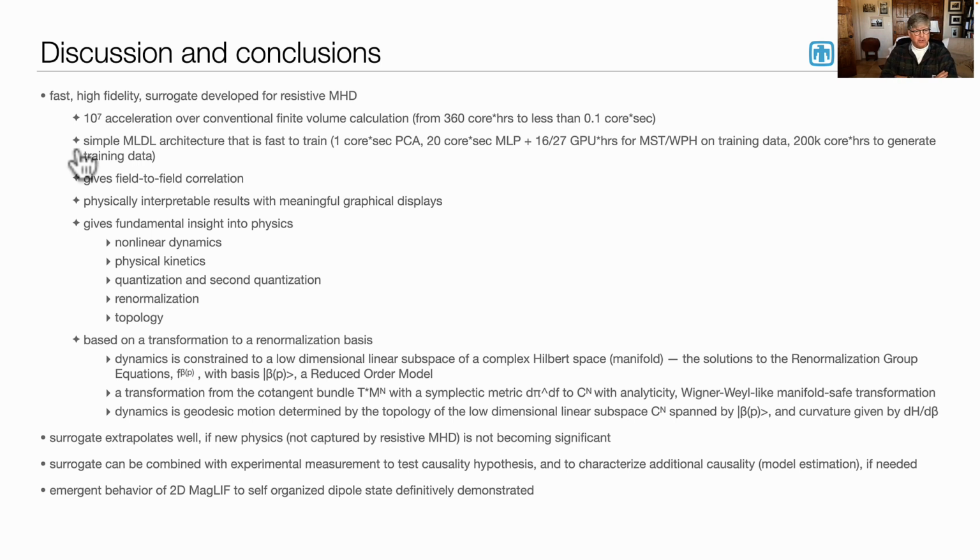The surrogate extrapolates well if new physics is not becoming significant. And when I say new physics, that's physics not captured by the resistive MHD. Or in other words, we are extrapolating away from the poles, where the function becomes flatter, rather than extrapolating towards a pole where the analytic function h becomes more quickly varying, right?